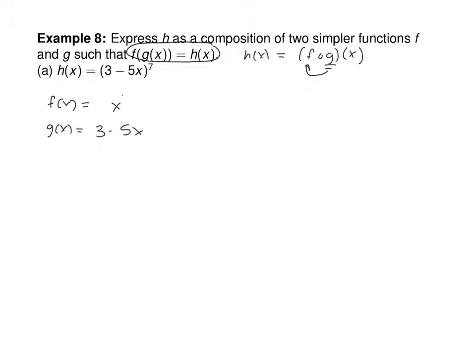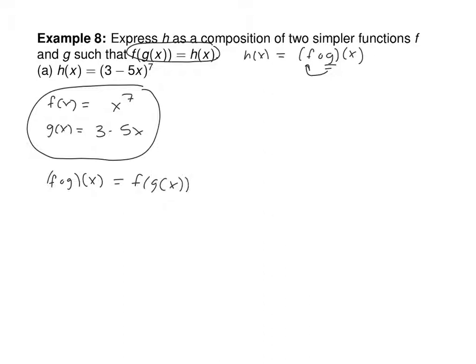It's inside of x to the 7th. They should be really easy once you get the pattern. And if you're uncertain, just check. Find f of g of x. It's f of g of x, which is f of 3 minus 5x, right? Or 3 minus 5x to the 7th. Okay, so you're trying to say, what two things were put together?